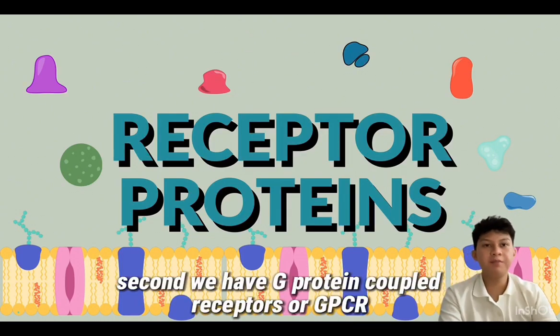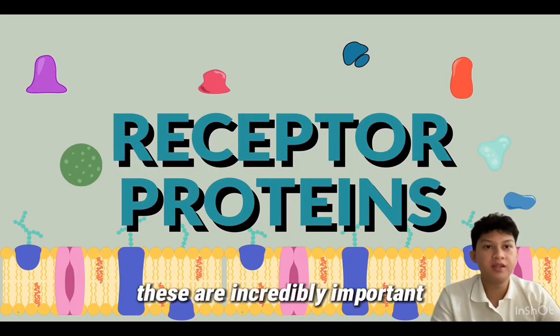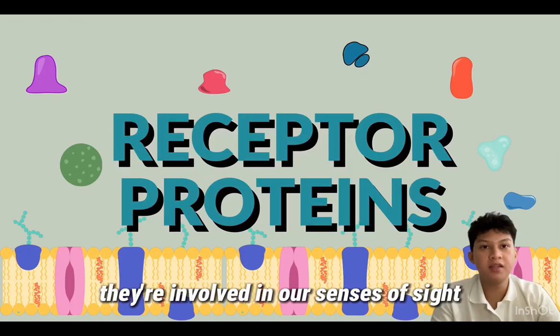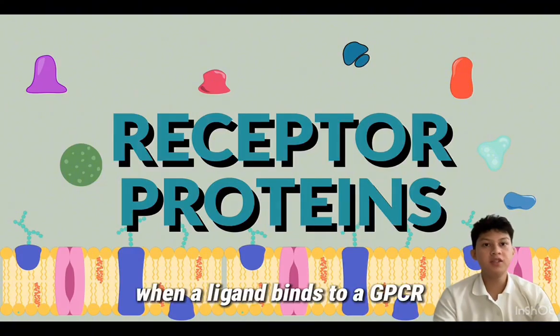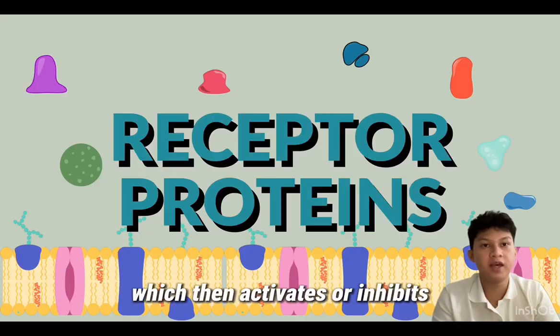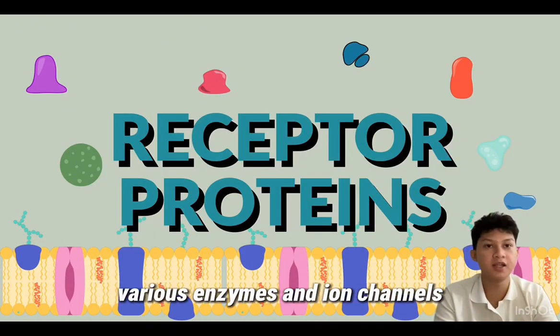Second, we have G-protein coupled receptors, or GPCRs. These are incredibly important. They're involved in our senses of sight, smell, and taste, and they're targeted by many medications. When a ligand binds to a GPCR, it activates an associated G protein, which then activates or inhibits various enzymes and ion channels.